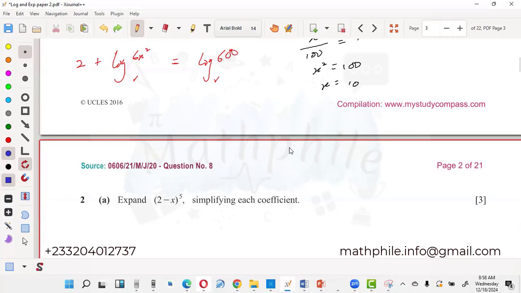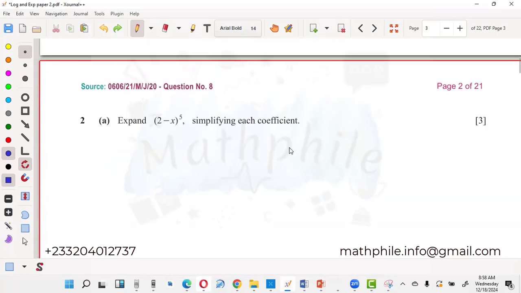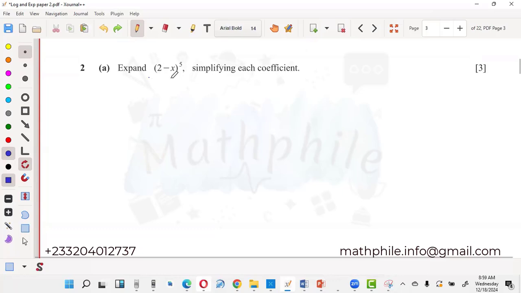Okay, with this one we can't do it now because we've not done series, we've not done the binomial expansion. It has got something to do with the Pascal triangle. I'll be teaching you this before you come to school, because it's part of the topics we'll be doing next term, but not in today's class.